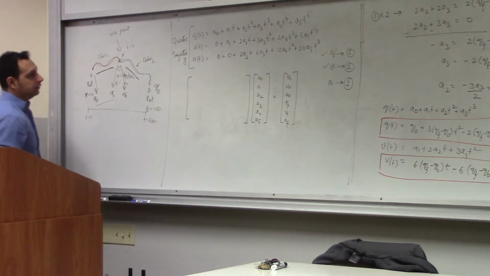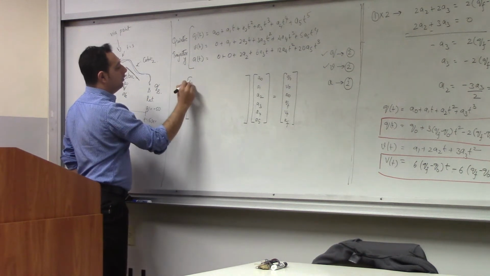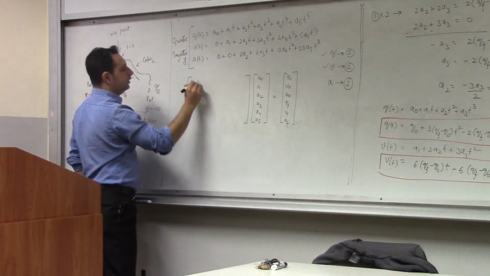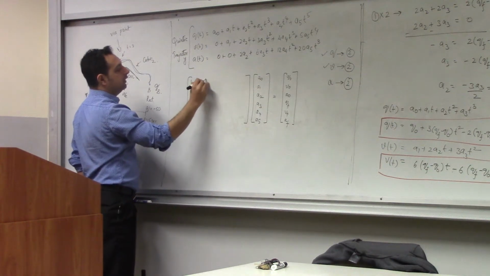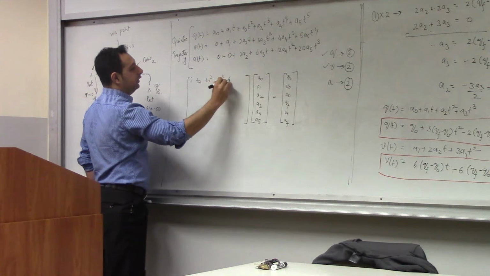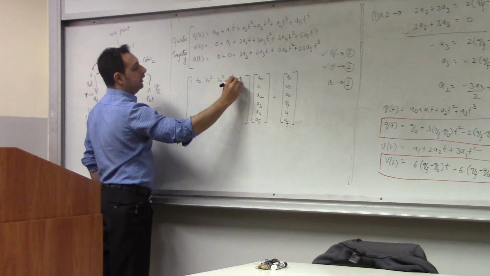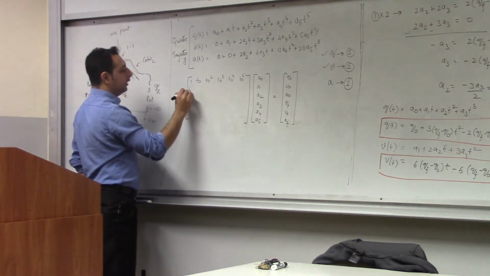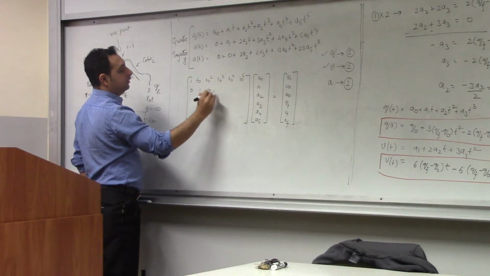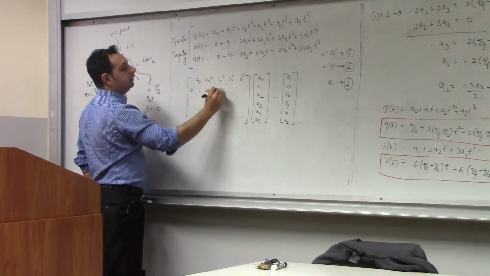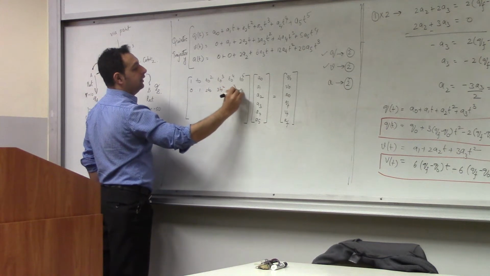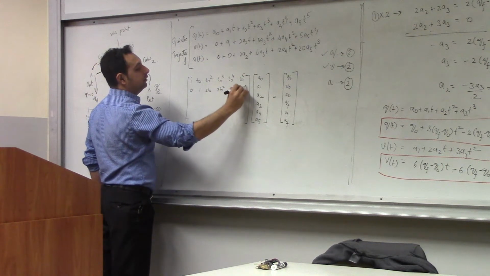Here you have 1 at t equal to t0. This is the initial condition, so this will be t0, t0 squared, t0 cube, t to the power of 4, and t to the power of 5. Then this will be 0, 1, 2 t0, 3 t0 squared, 4 t0 cube, and 5 t0 to the power of 4.